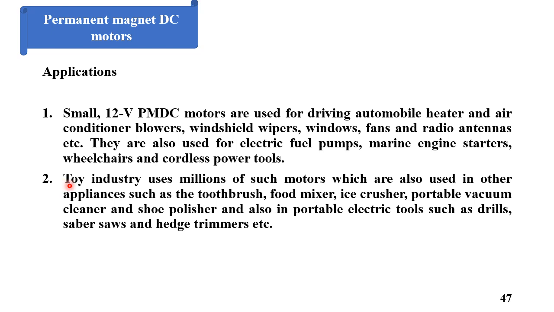For industry, the toy industry uses millions of such motors, which are also used in other appliances such as toothbrushes, food mixers, ice crushers, portable vacuum cleaners, shoe polishers, and also in portable electrical tools such as drills, saws, and hedge trimmers.